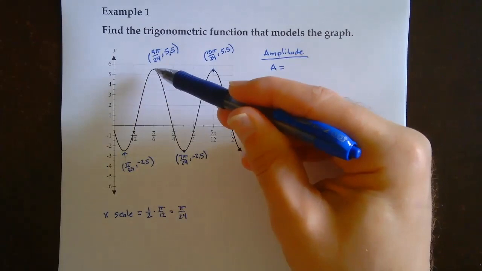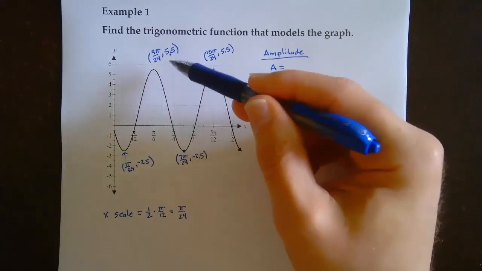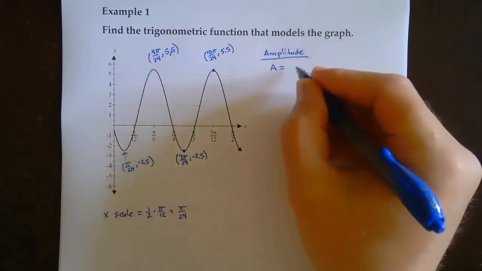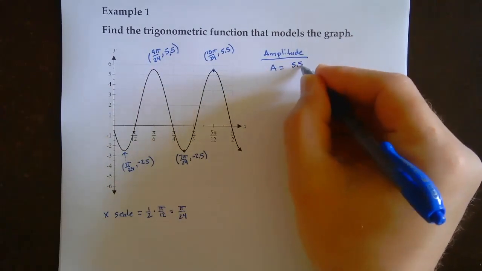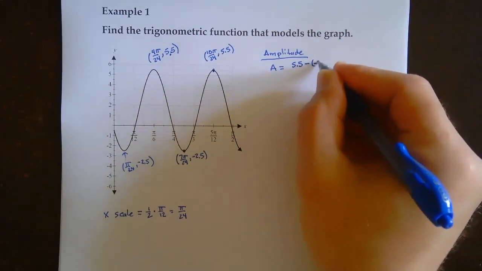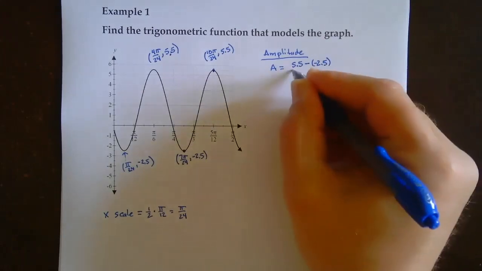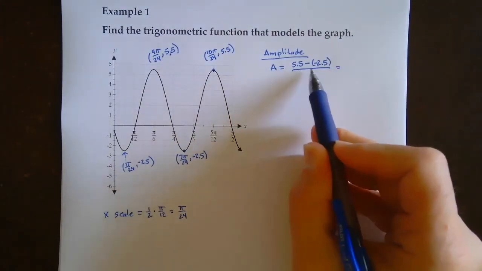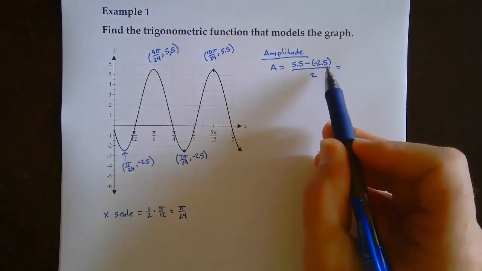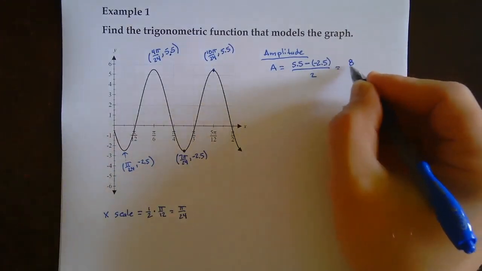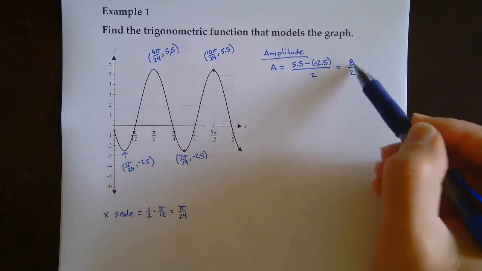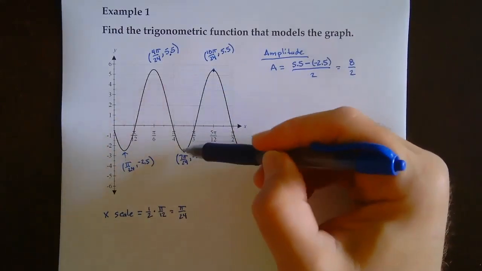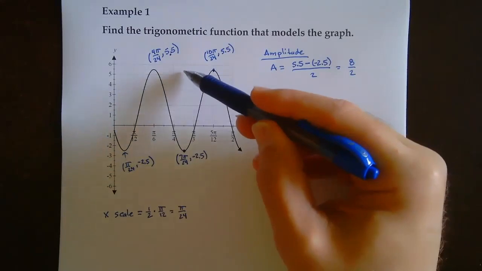Remember, it's half the distance between the max and the min. So to get the distance between the max and the min, I have to take 5.5 minus negative 2.5 and divide by 2. Okay, so that'd be 5.5 plus 2.5, right? So that'd give me 8 over 2. So this 8 is the vertical distance between this min and this max, okay?